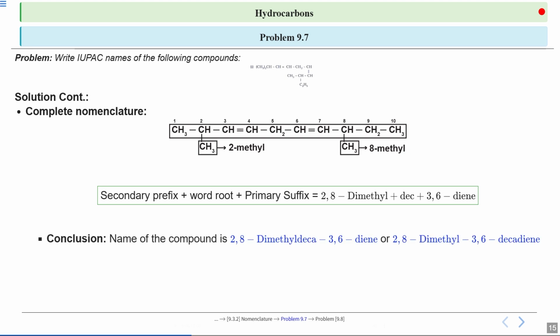If you combine all of this together, you will get the complete name as 2,8-dimethyldeca-3,6-diene, or we can also write it as 2,8-dimethyl-3,6-decadiene. Either you can place this 3,6 before diene or before deca. Both are correct in a way.